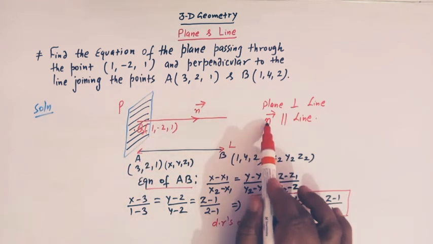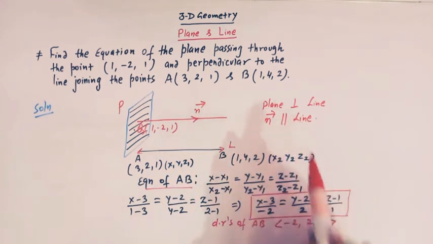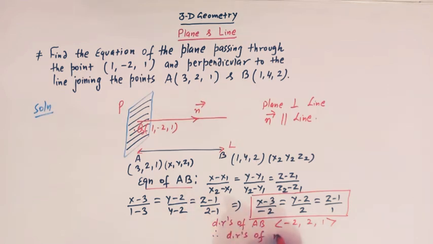So this vector is parallel to the line, and we know that if we have two parallel vectors, then either their direction cosines are equal or proportional. So therefore we conclude that the DRs of the normal vector may also be taken as -2, 2 and 1.